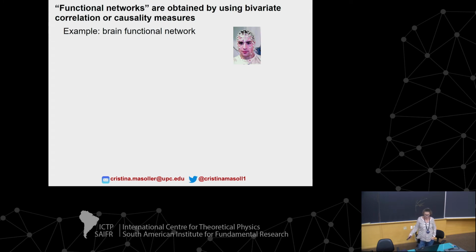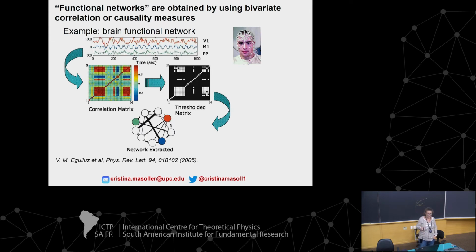Let me put a classical example that comes from brain function, and this is work by Dante Chialvo, the original work. You have all your time series from brain activity, and calculate the matrix of cross-correlations. Here the cross-correlation value is in color code. You use a threshold and transform this into black and white, 0 and 1.